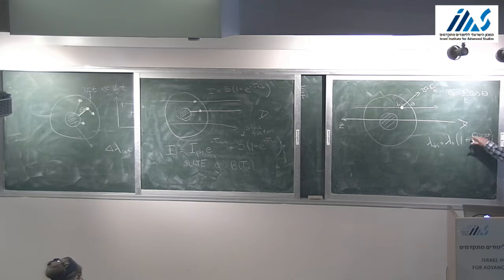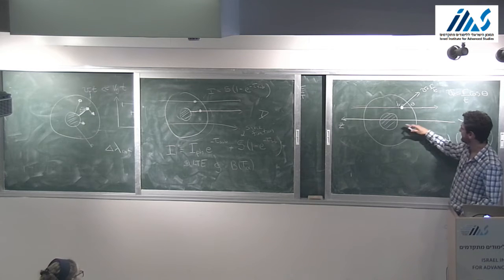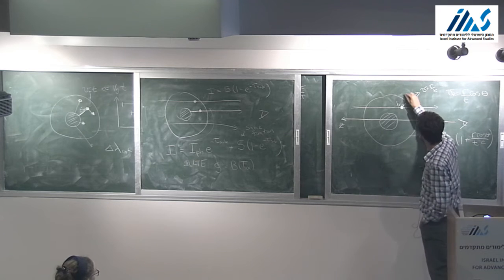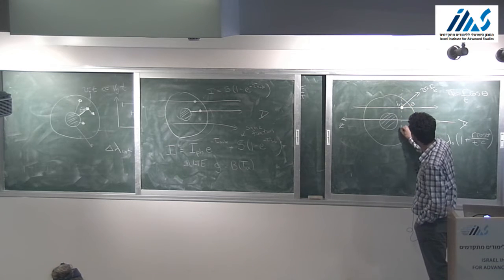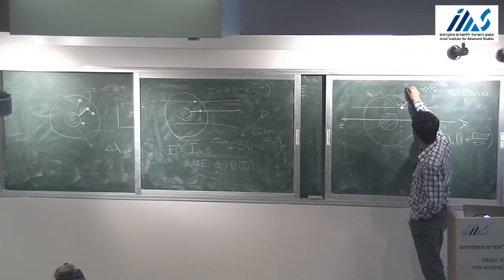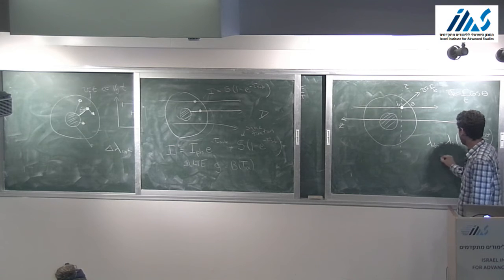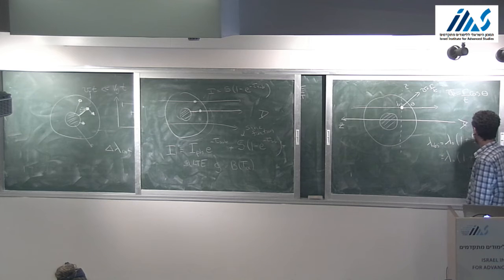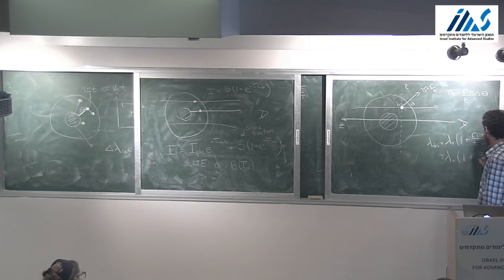And of course, r cosine theta in these typical coordinates is really just z, right? This is a certain value of z. So this equals 1 plus z over ct. Okay?